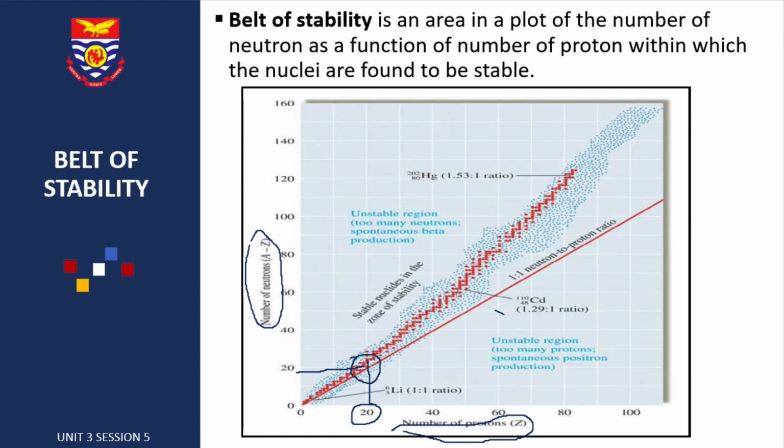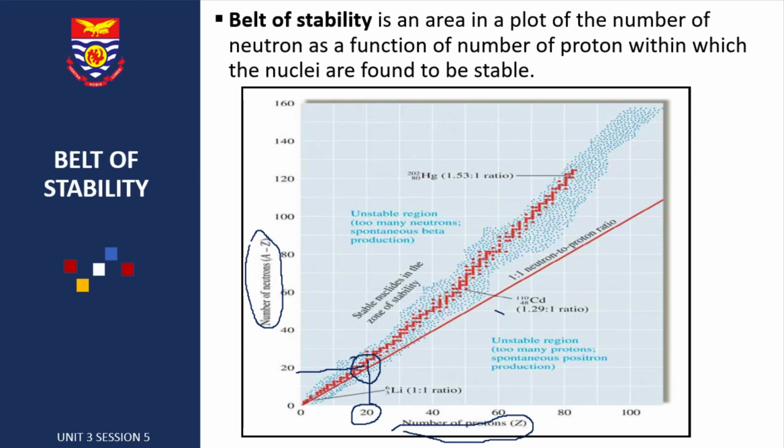In the following slides, we shall be looking at what transformations occur when the nuclei is below the belt of stability and how it becomes stable. All nuclei with atomic number 83 and above are unstable, and so they decay spontaneously.